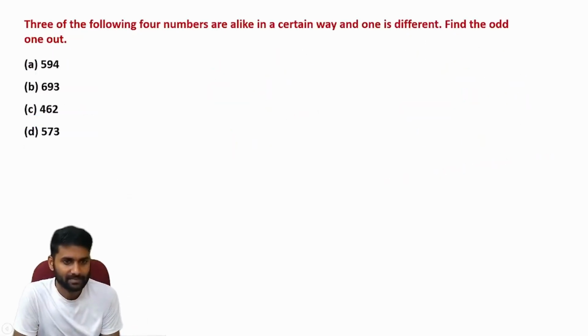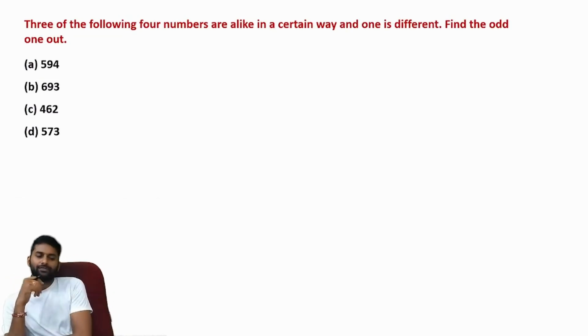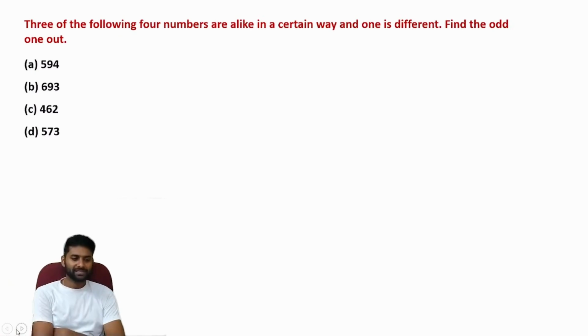Very good. Next, find the odd one out. So we have the numbers 594, 693, 462, 573. Which one is the odd one?